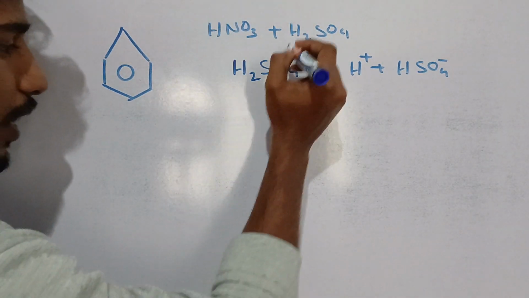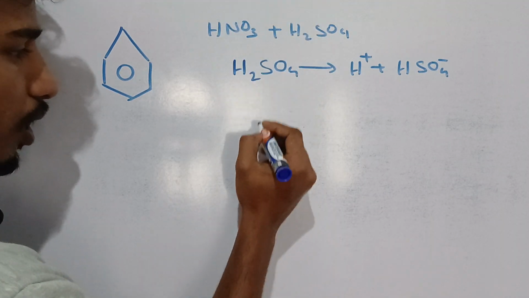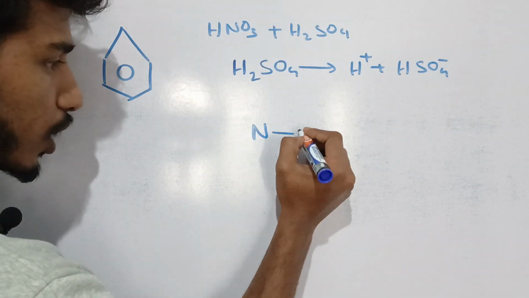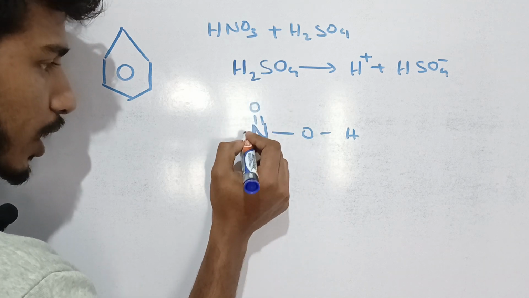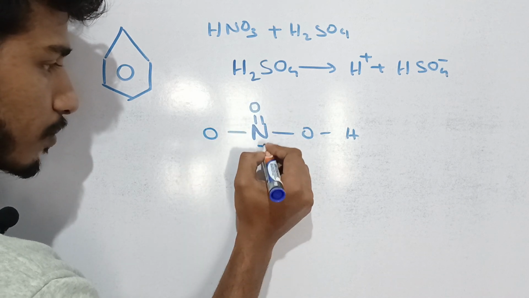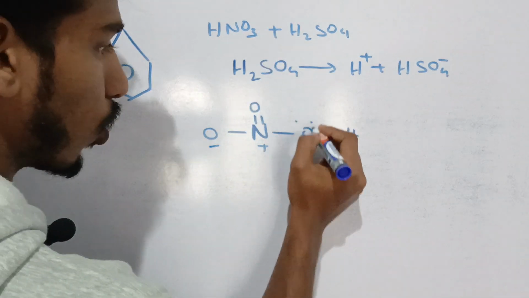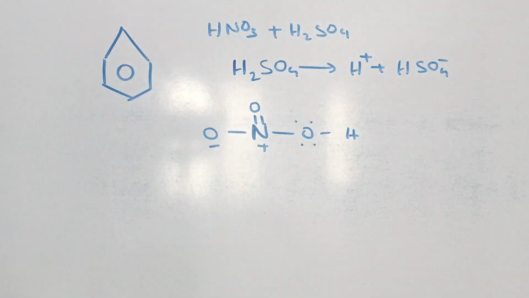I think for the first time in history the nitric acid will behave like a base, because the nitric acid component has an OH, a double bond to oxygen, and a dative bond part, and there are lone pairs present on this oxygen.